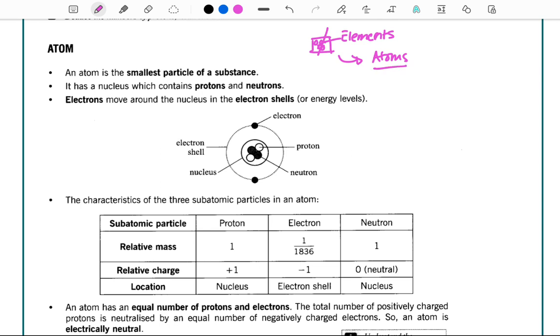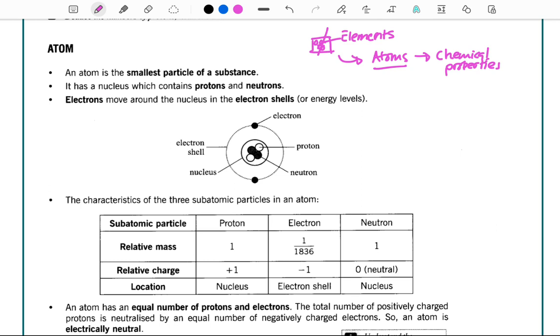There's something very important about these atoms: they are responsible for issues that deal with chemical properties. So if we want to study the chemical properties of that part of matter, which is elements, we have to look at the smallest part, which is an atom.